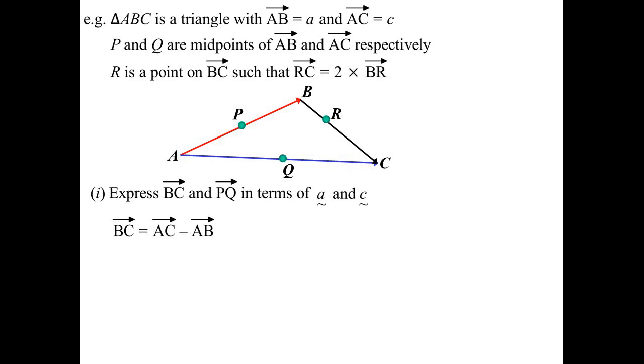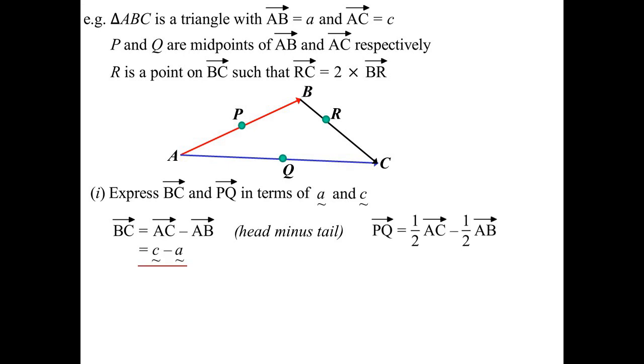If you have a look at our picture, if I went all the way along AC, but then took away, so now this is going in a different direction, AB, I would get that. Or another way of saying it is head minus tail. BC, so I've got AB and I've subtracted AC, that would give me the head minus tail of BC. So that would be C minus A.